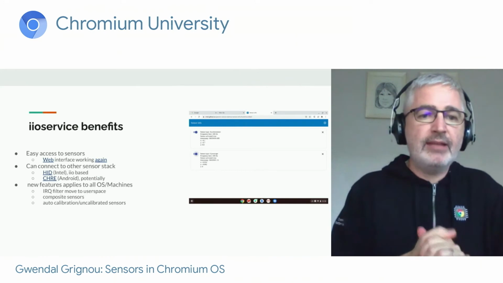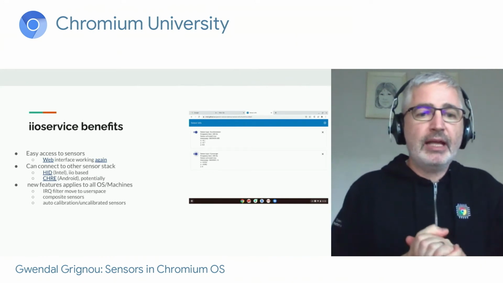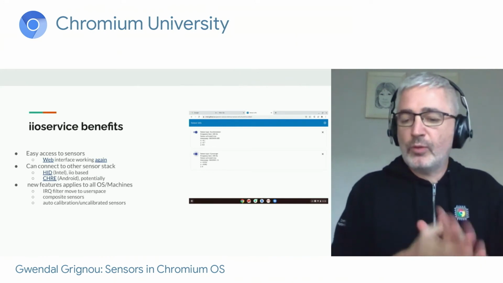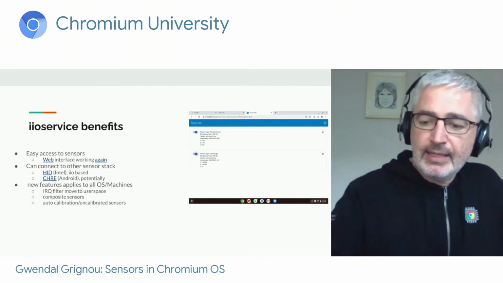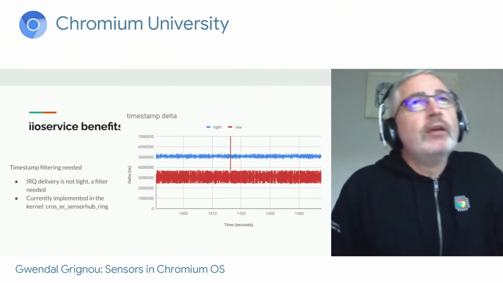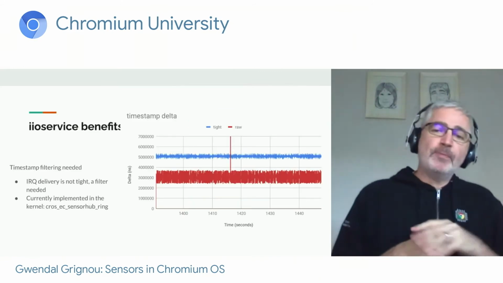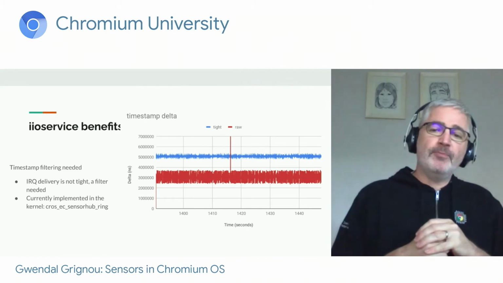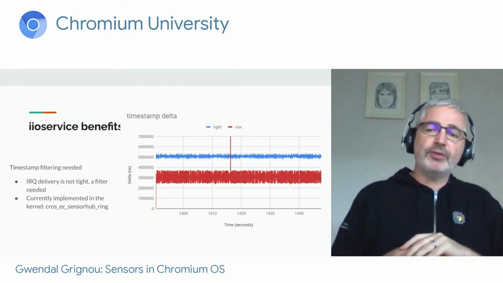Something I mentioned in the slide is IRQ filtering, moved to user space. So what do I mean by that? It's something we noticed when we worked on the sensor stack.